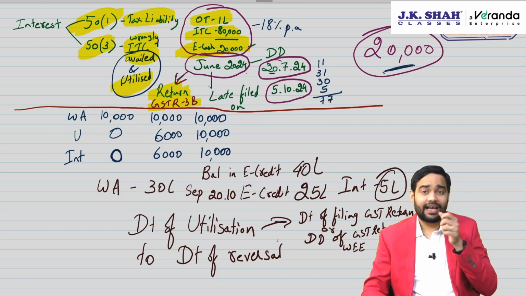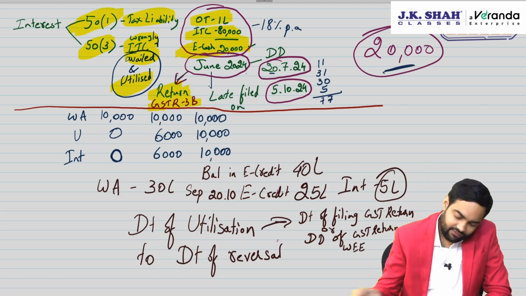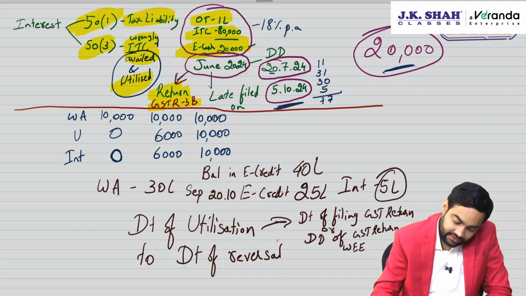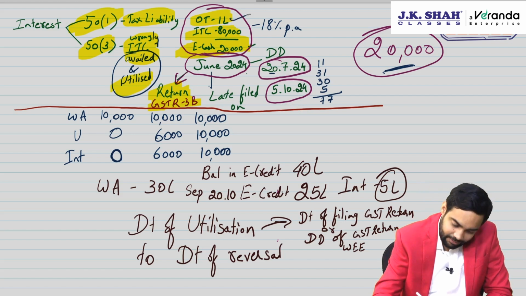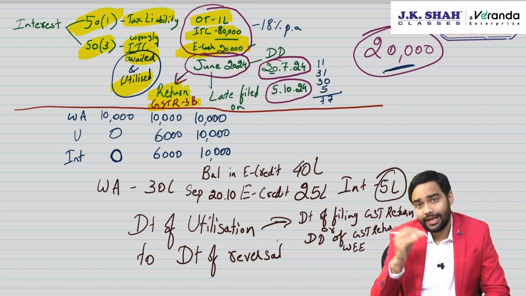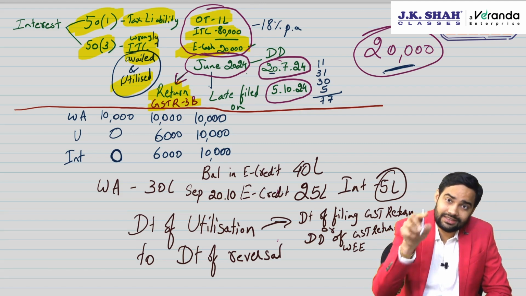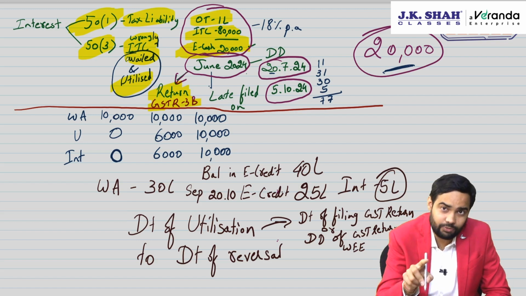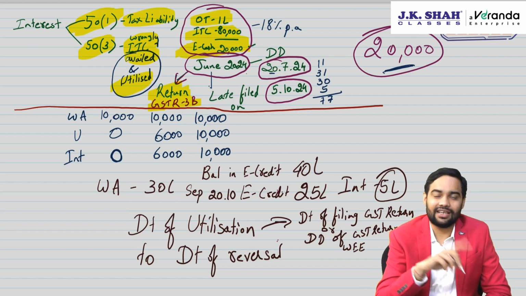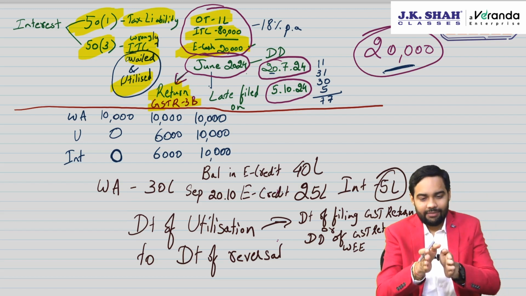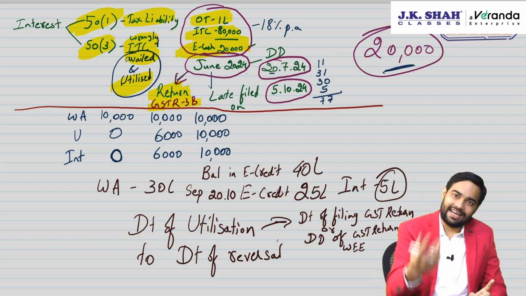Now suppose I report June liability in the September return and I file the September return on 5/10. Then interest will apply on the full 1 lakh, because if I report June liability in September 3B, then the ITC which I am going to use in September GSTR 3B to pay the output is September's ITC, not June's ITC. So June liability reported in June return, interest will apply on net liability.